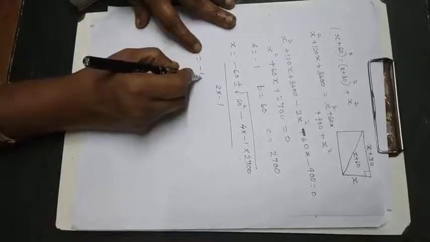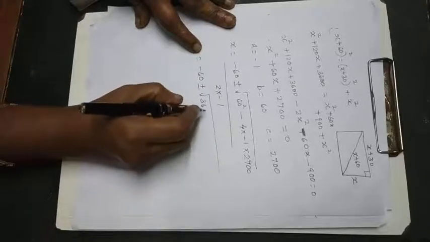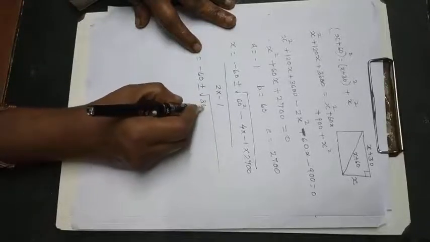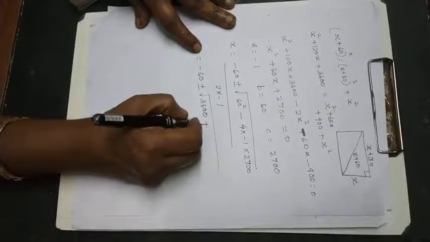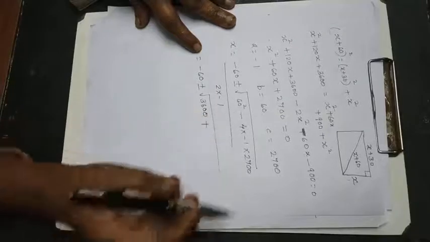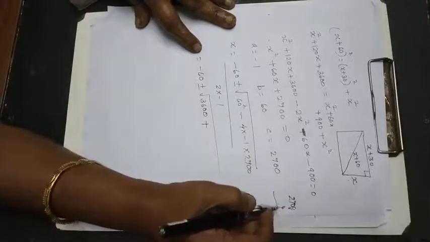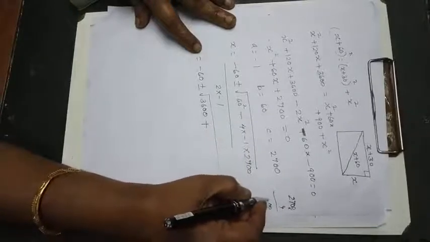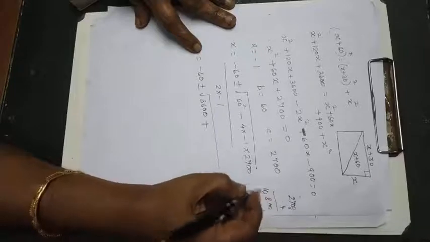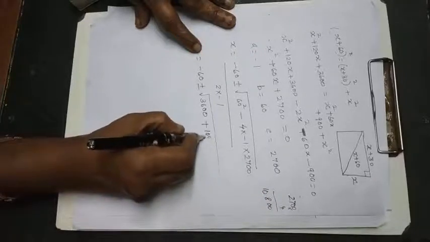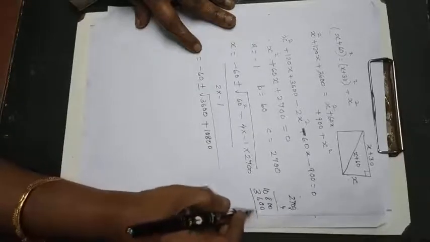So minus 60 plus or minus, minus of minus is positive, 2,700 multiplied by 4, so it will be adding this.